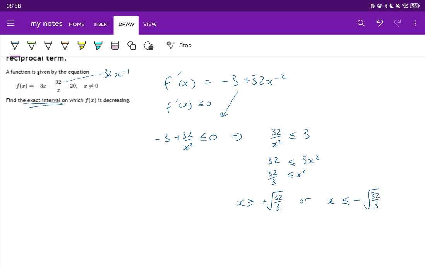Now, root 32 is 16 root 2, so you could also, I mean, your calculator will do this for you. 32 is 16 times 2, so that would be the same as 4 root 2, I believe. So that's an alternative way of writing it.